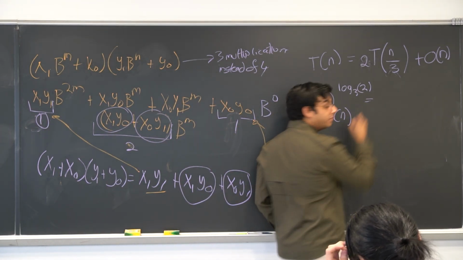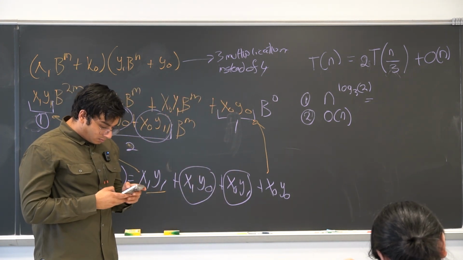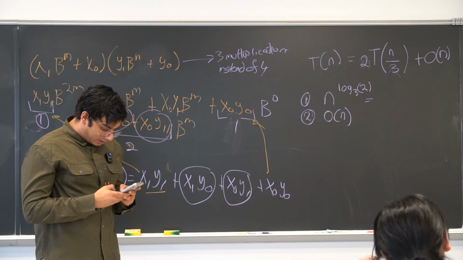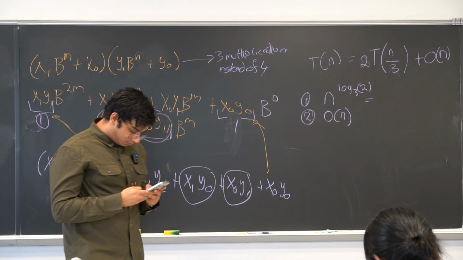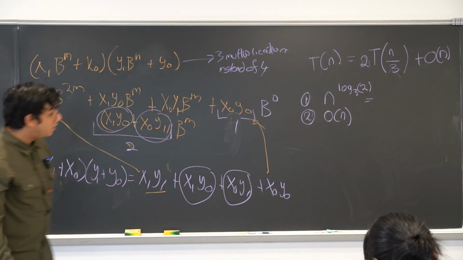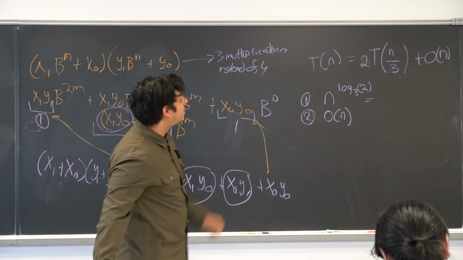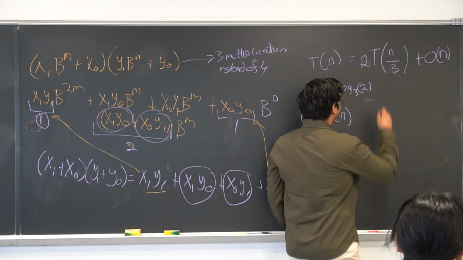So, does anyone have a calculator and can actually compute log base 3 of 2? It has to be something between 1 and 2. I'm going to guess 1.8.